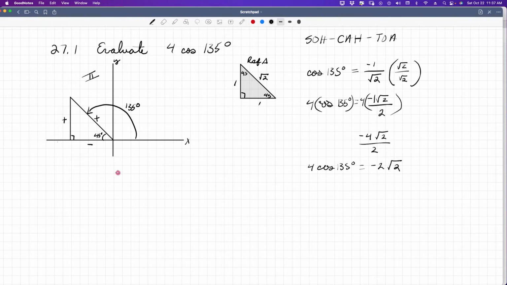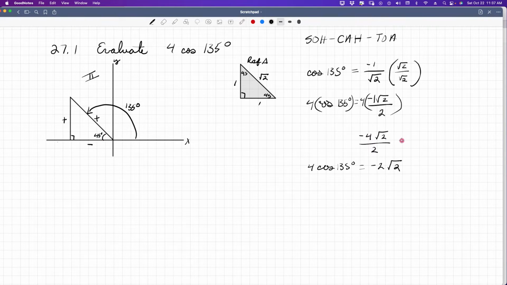That's the only thing we're adding to this whole process, learning where it lives based on the angle in the system. Up until now, we've been told cosine of 60, cosine of 30, cosine of 45, just so we could use our reference triangles. Now we're getting greater and greater detail. So now we know where it lives on the Cartesian coordinate system, so we can apply the positive and negative signs as appropriate.